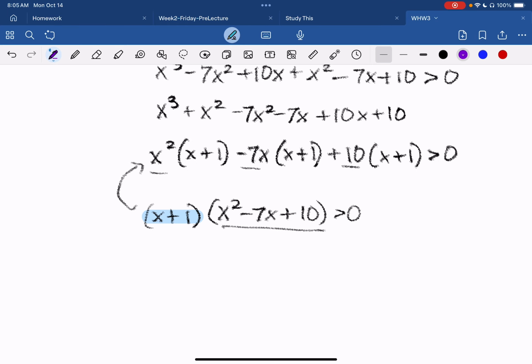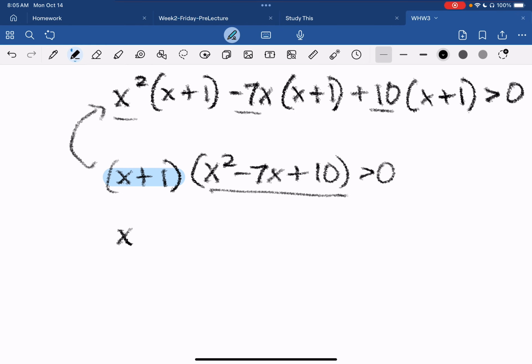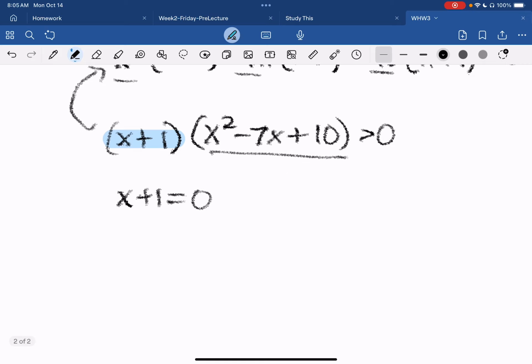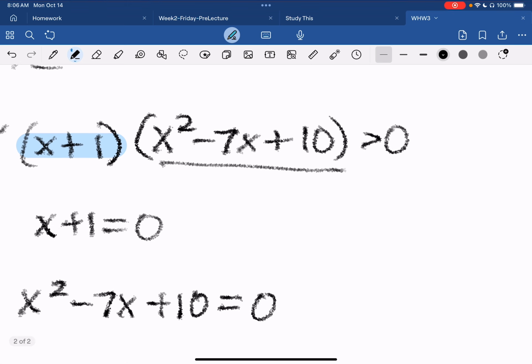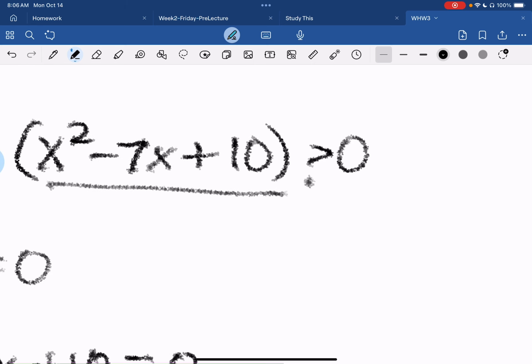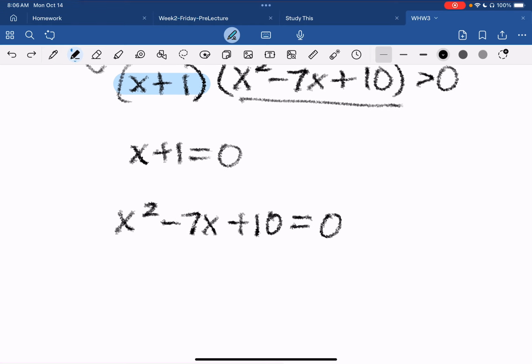And now to factor further, instead of writing greater than, I'm just going to write equals to because there's really no point in writing, or in this case, it can't be equals to if you want to be really technical. I only say that it's not, you would have to cross out the equal sign to make it true because this does not include values that make the equation equal to 0.